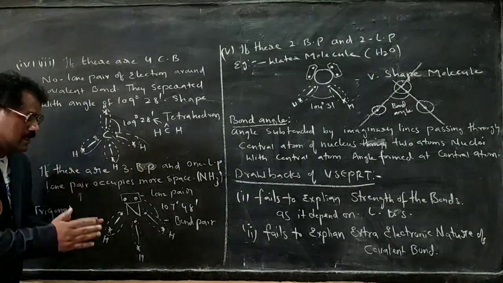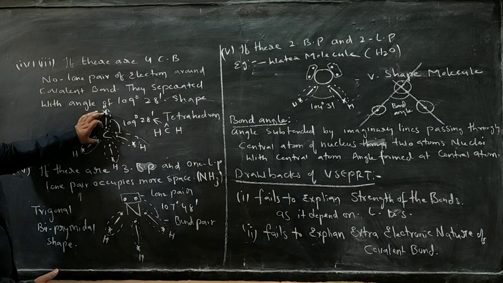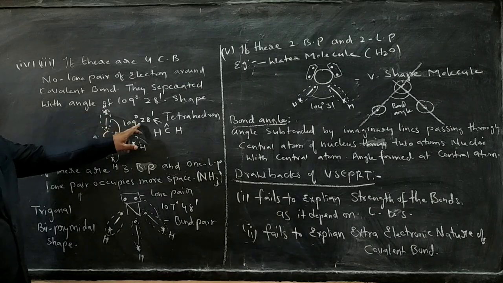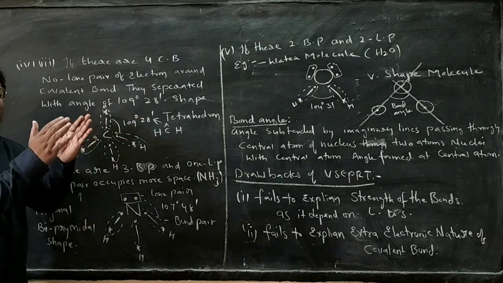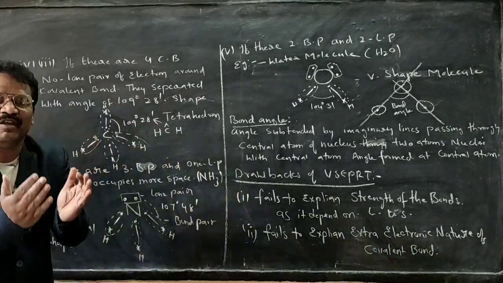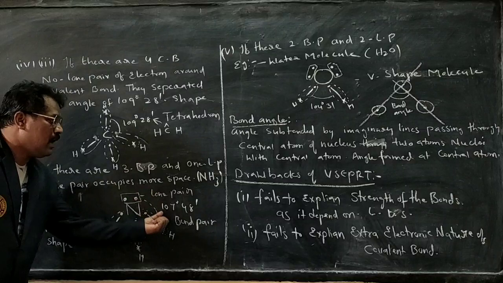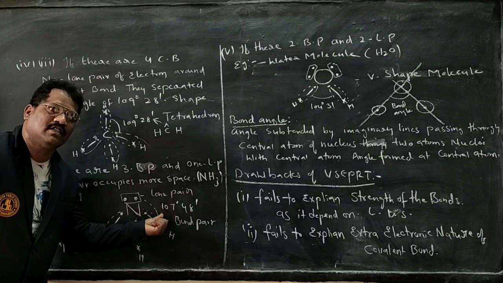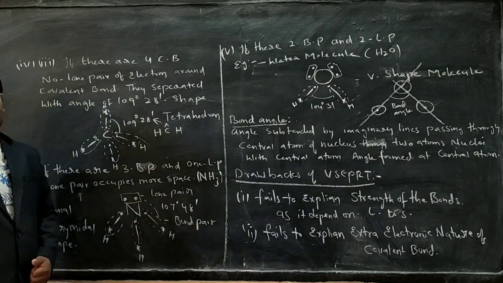Due to that reason, what happens to the actual shape? From the angle of 109 degrees 28 minutes, the bond angle between bonded pairs gets reduced, and we got a new bond angle, that is 107 degrees 48 minutes.